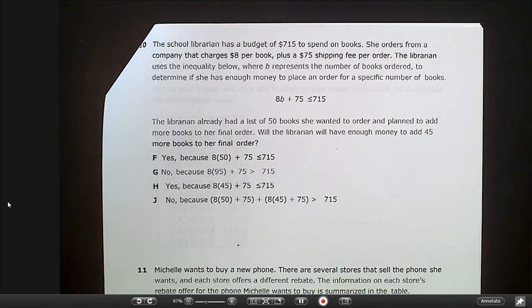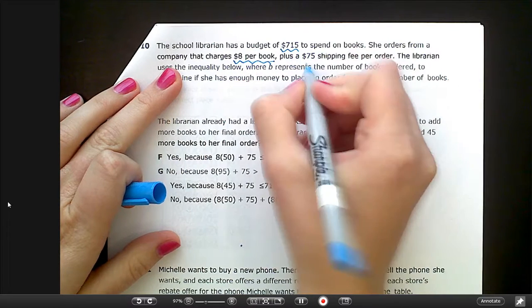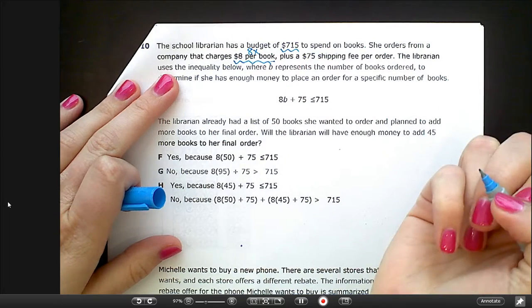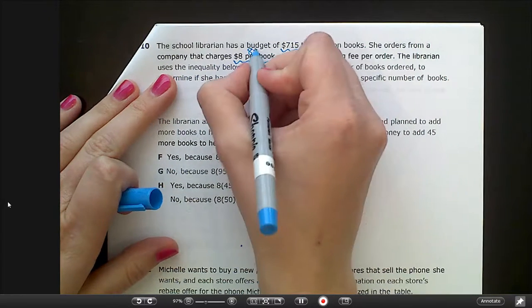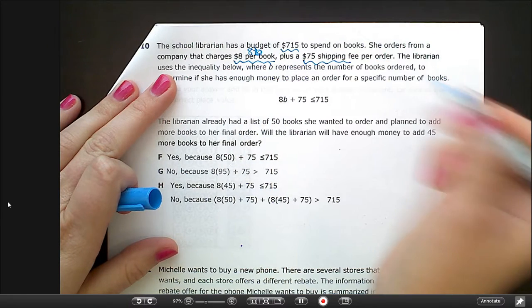Number 10. The school librarian has a budget of $715 to spend on books. She orders from a company that charges $8 per book, plus, so this is going to be 8B because it's $8 per book, plus $75 shipping fee.